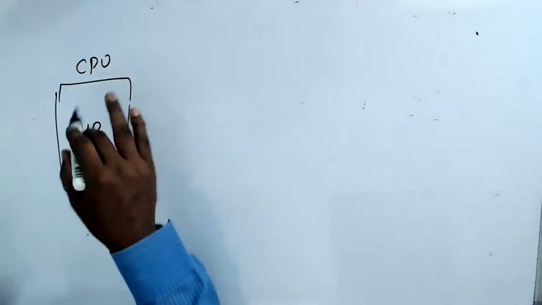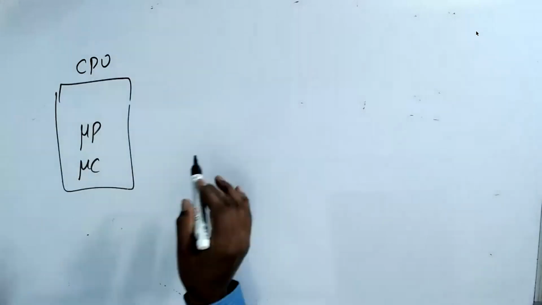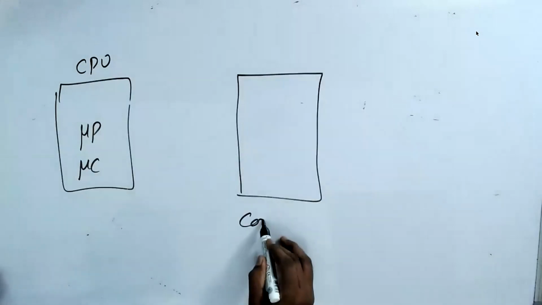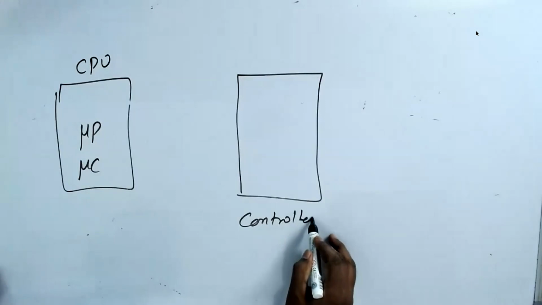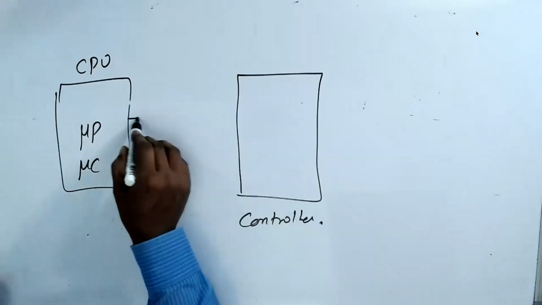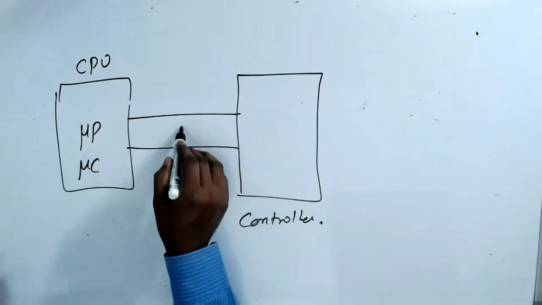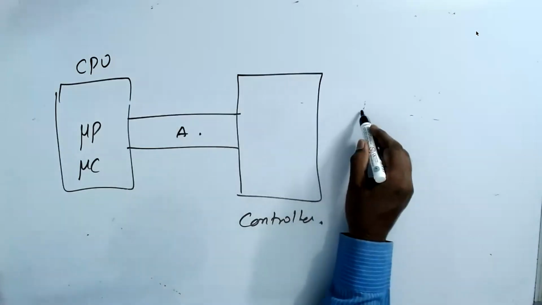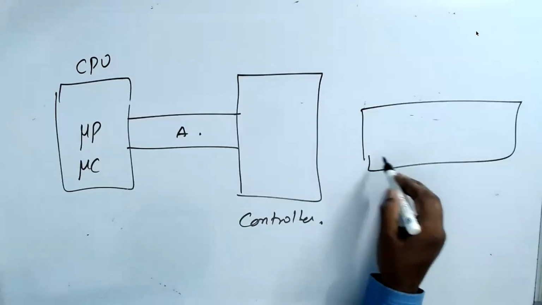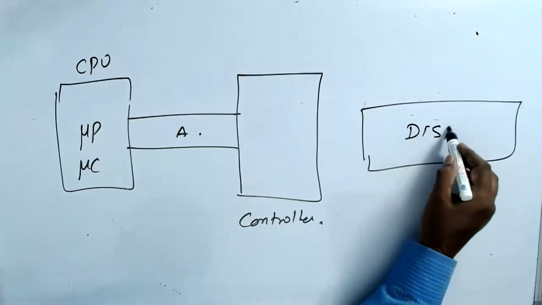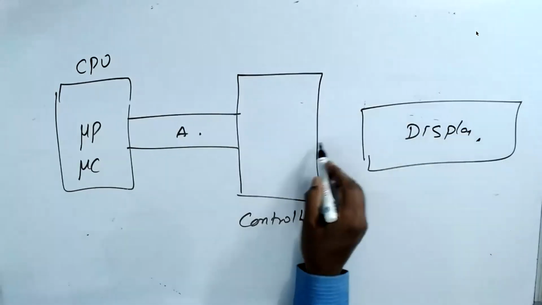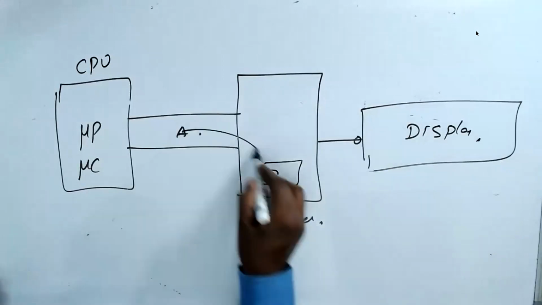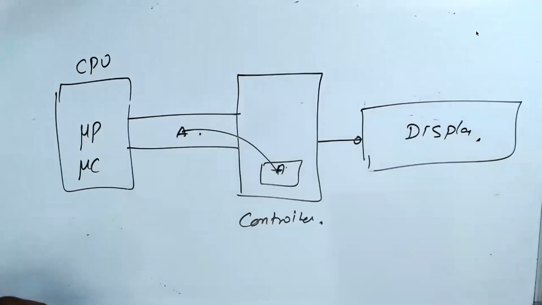All are same, CPU, microprocessor, everything. Now, I have a controller. See that I give him only display A. That's all. Whereas this guy displays an A on the display. Whereas this guy has a memory inside, keeps the A here, and he is doing that.